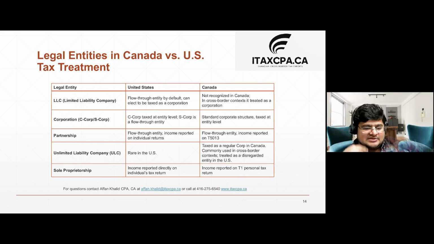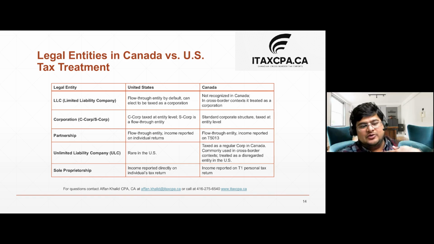Even though the S corporation is a flow through entity, which is again extra confusing, from a Canadian perspective an S corporation is a corporation for Canadian purposes. So we don't get confused with the flow through factor, but we do get confused with the LLC. But a C corp is like a regular corporation in Canada.